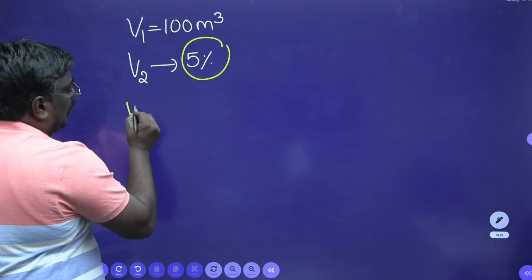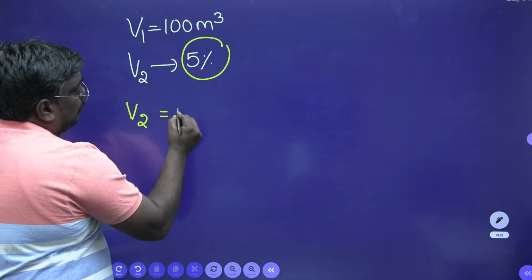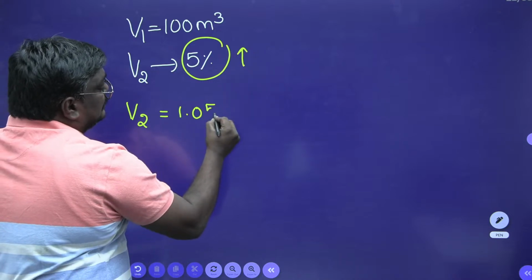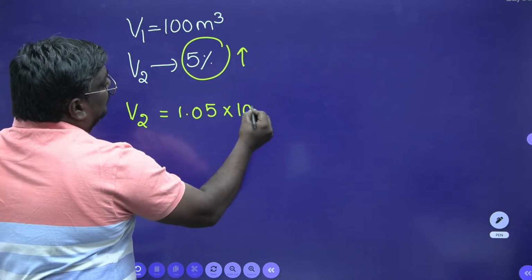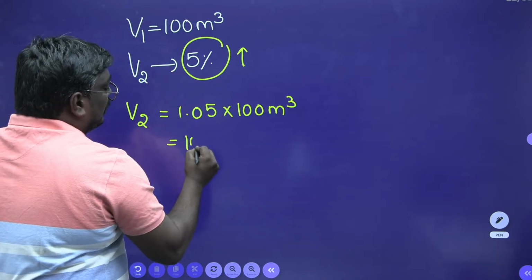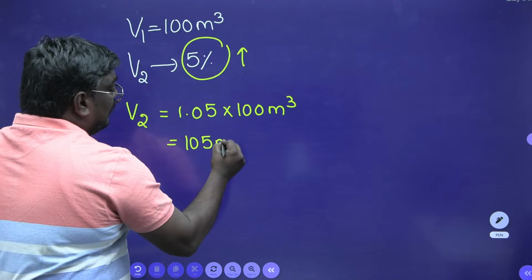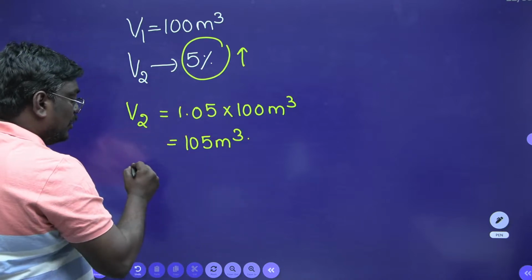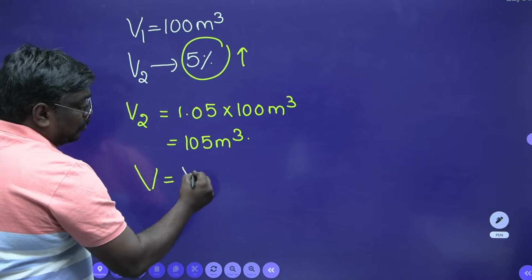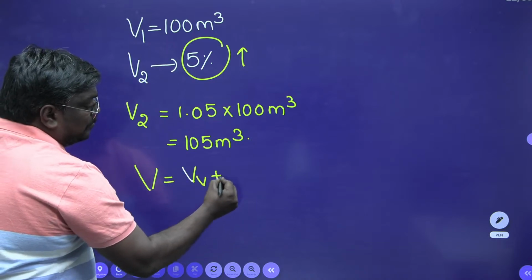So you know volume 2 will be equal to 5% increased, so you can write 1.05 into 100 meter cube. So volume in this case will be equal to 105 meter cube. I have discussed clearly how to write the volume relation. Volume can be written as volume of voids plus volume of solids.